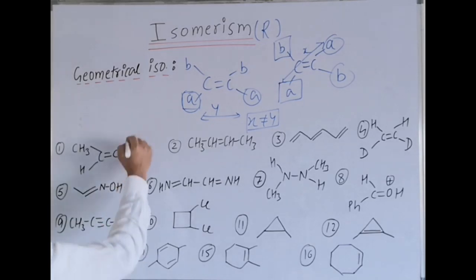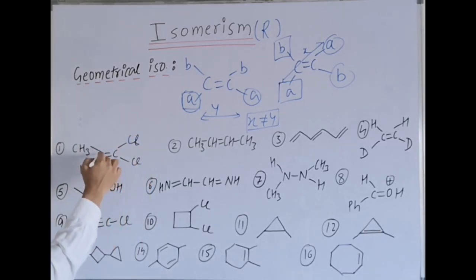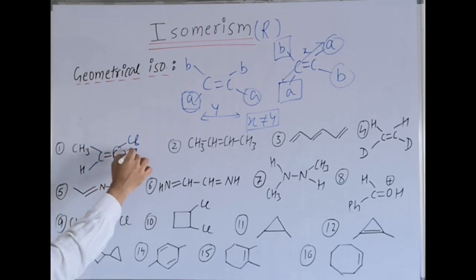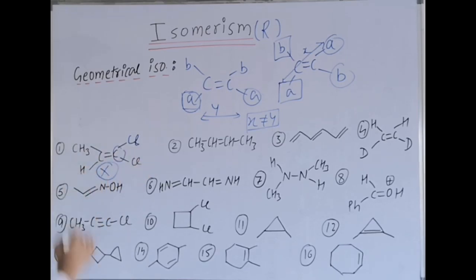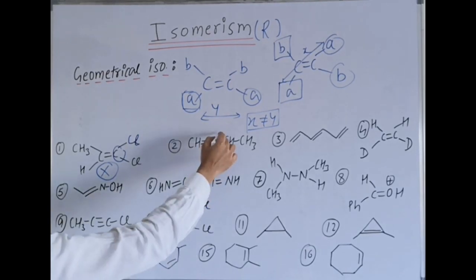Example number 1. Restricted rotation is there, but on this carbon there are two same groups, so no need to check the other one. This will not participate in geometrical isomerism, right? Then next, double bond, restricted rotation.